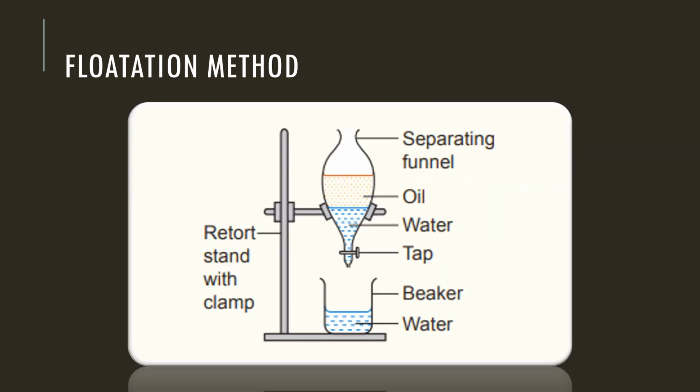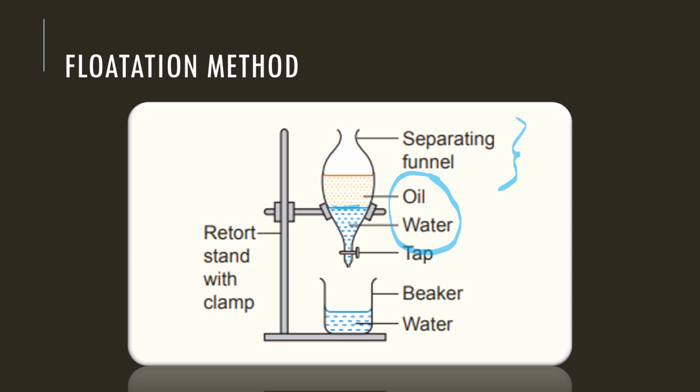Okay, the flotation method. This method can be used to separate soluble and insoluble materials in water. For example, if you have a mixture of oil and water here. We know that oil has a lower density than water, so therefore oil will float on the surface of water. This is a separating funnel, which can be used to separate the oil and water.